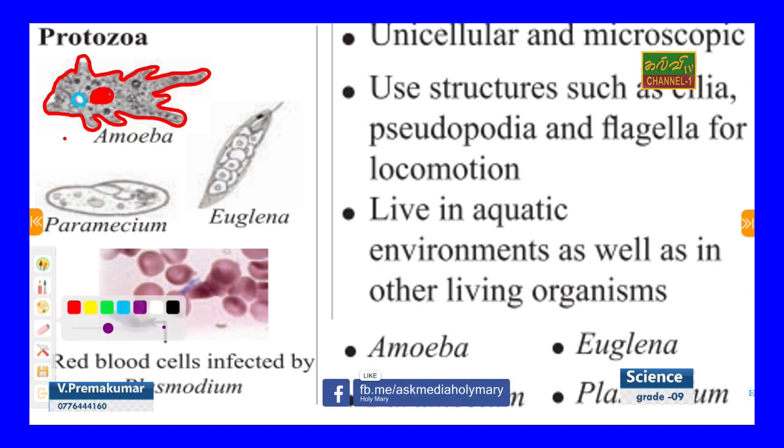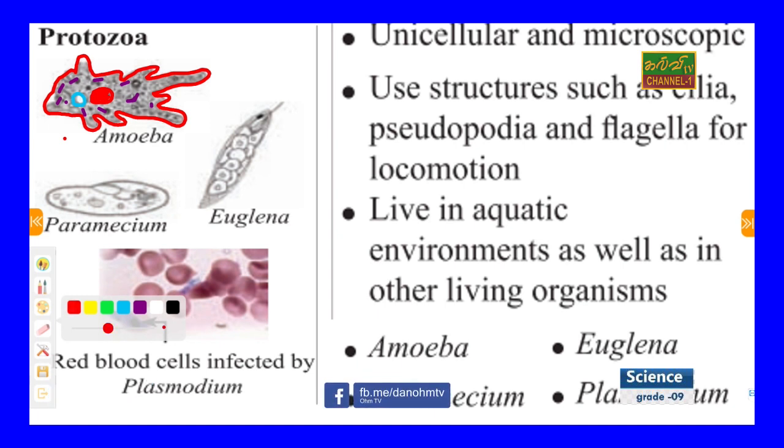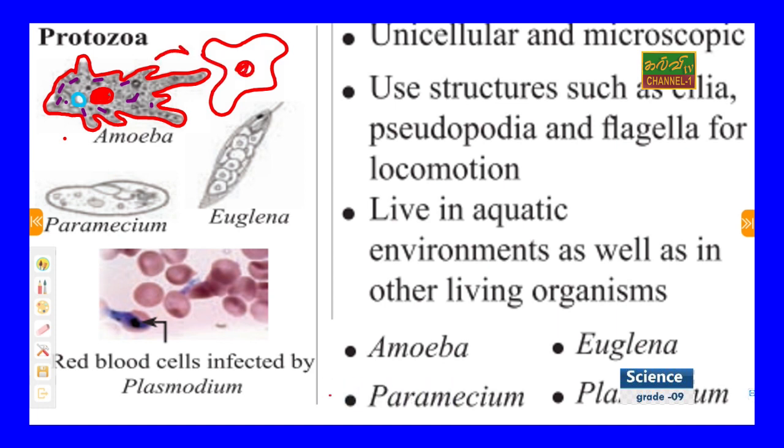Some food items and plasma are here. So this is called amoeba. It can change its shape like this.